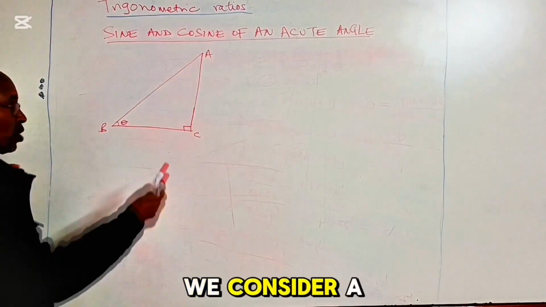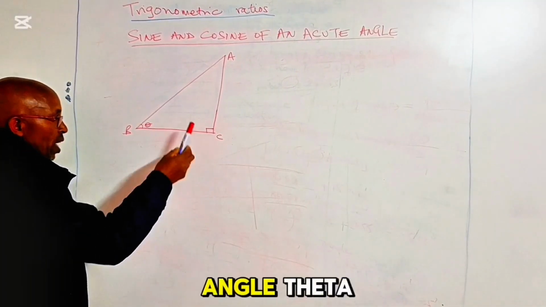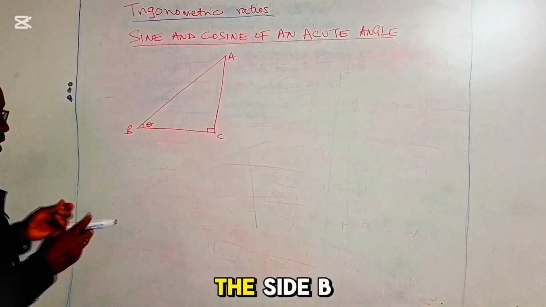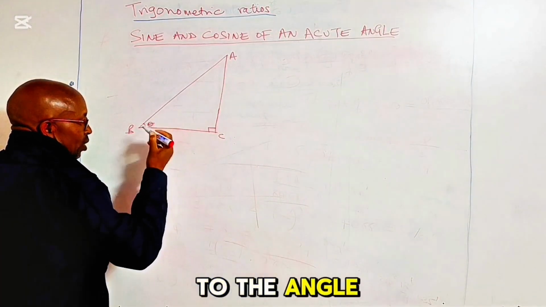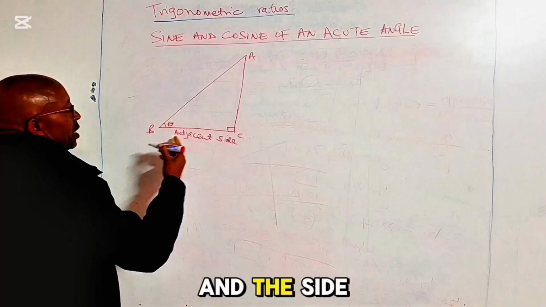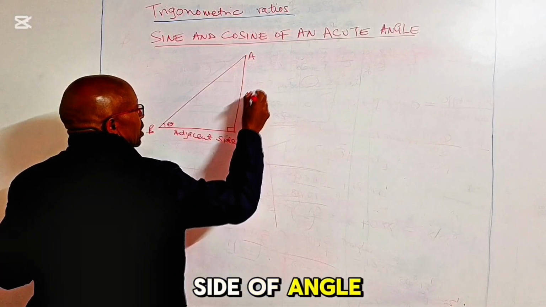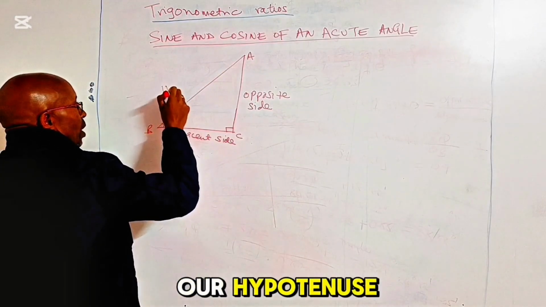Sine and cosine of an acute angle. We consider a right angle triangle with the acute angle theta at B. The side BC is adjacent to the angle theta, and the side AC is the opposite side of angle theta, and the longest side AB is our hypotenuse.